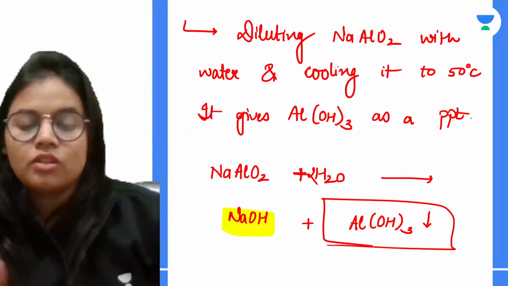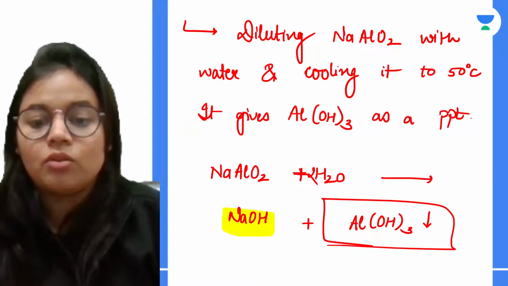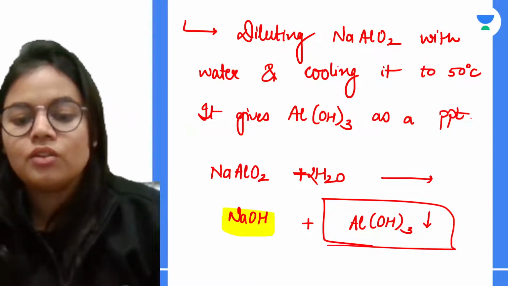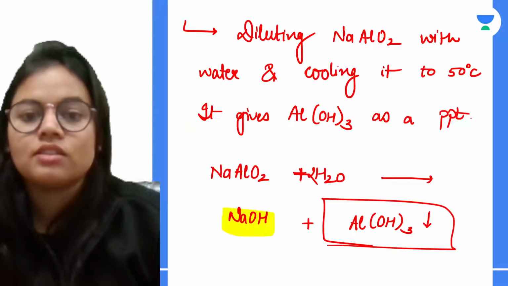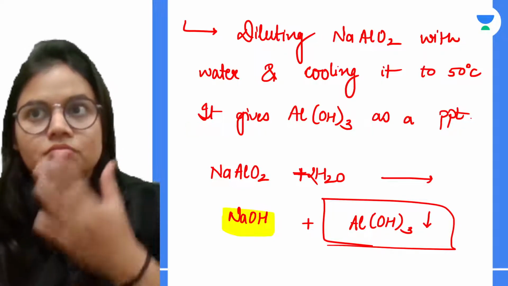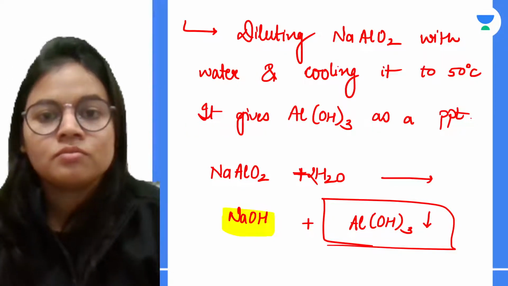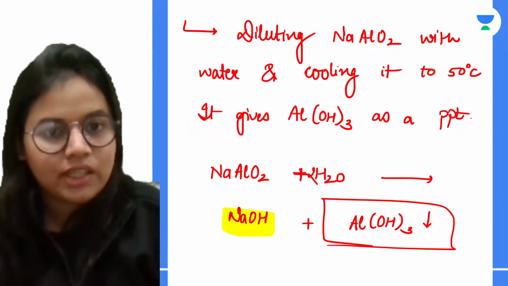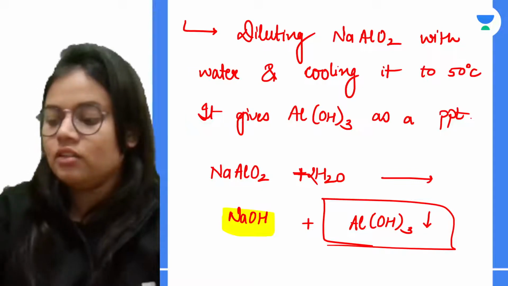So this sodium hydroxide is again used for that particular process. Understood? So this is the basic process of the Bayer's process. Let us quickly revise it again.